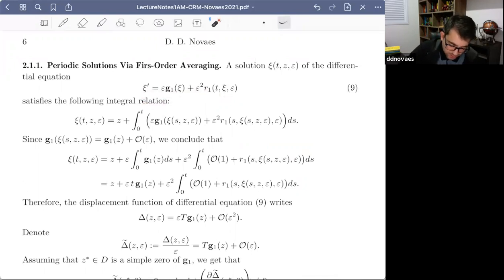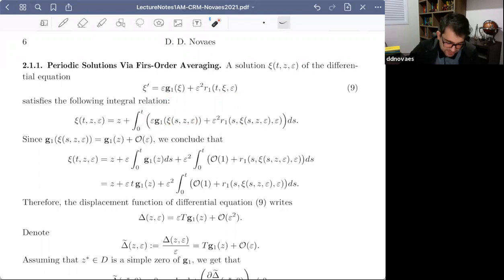So the displacement function at (T, z, epsilon) is equal to z plus the integral of the right-hand side of the differential equation computed at the solution. This is equal to the integral between 0 and t of epsilon g1 of the solution plus epsilon squared r1 of the solution.